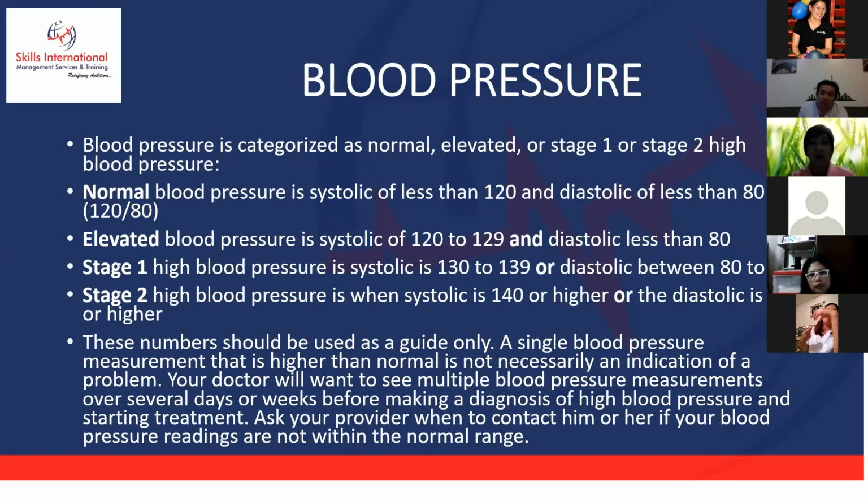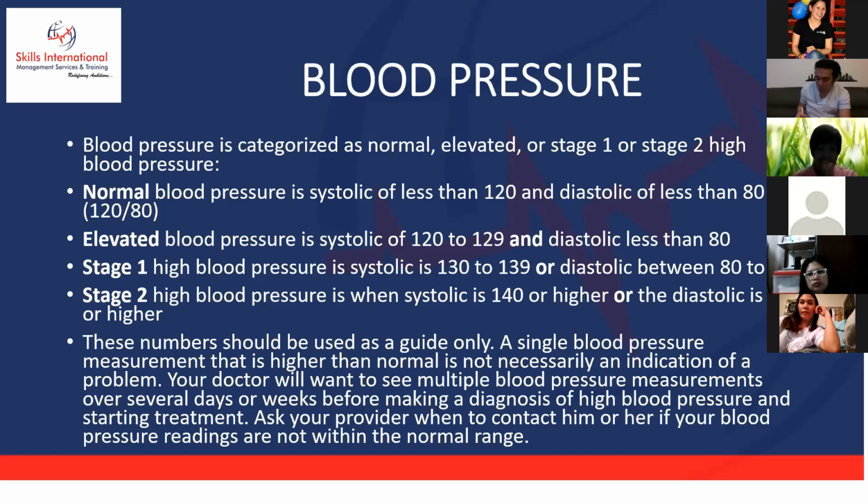Blood pressure is categorized as normal when it is 120/80, or elevated, or stage 1 or stage 2 high blood pressure. Normal blood pressure is a systolic of less than 120 and a diastolic of less than 80.